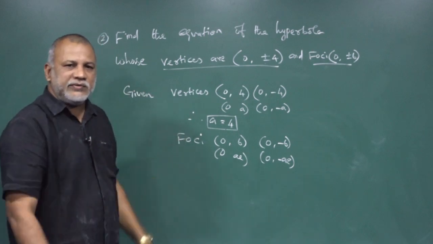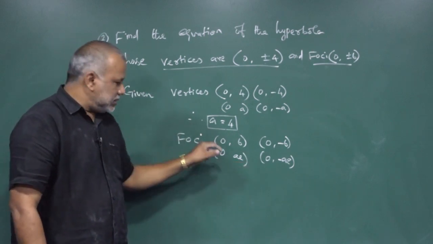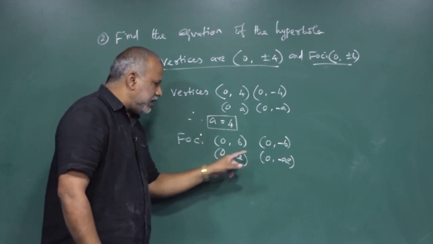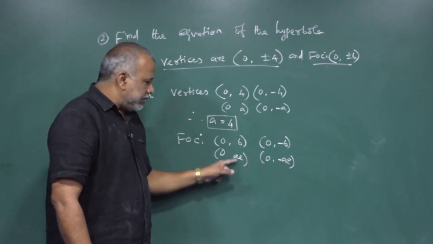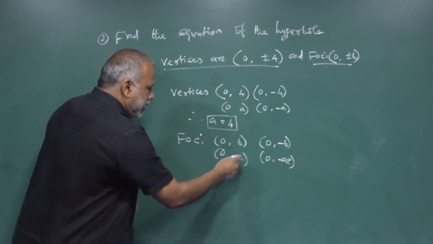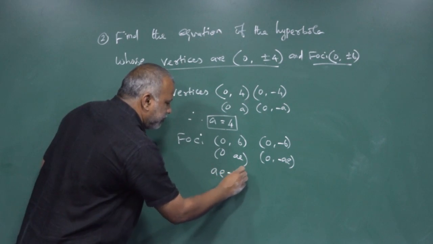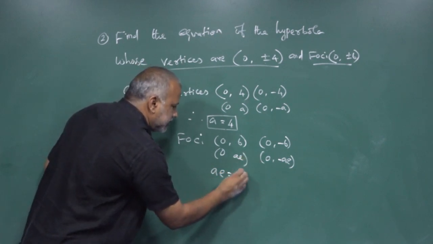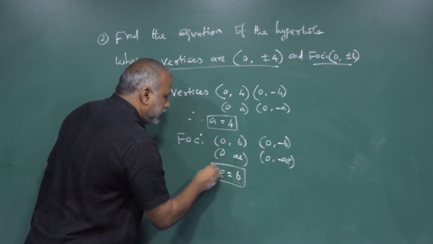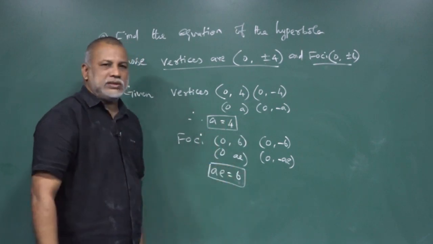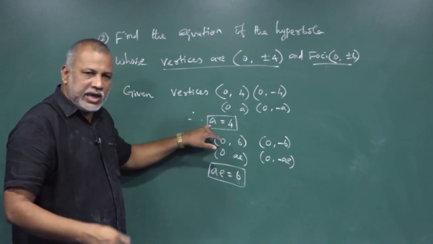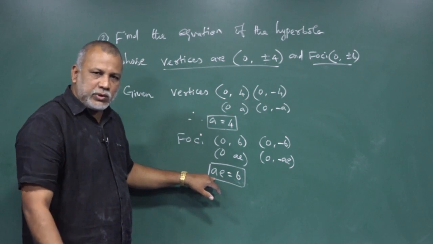With the basic definition, we have all the results. Just a comparison, taking the positive one: ae equal to 6. Compare with this one: a is 4, ae equal to 6. So here, a we have worked out, and ae we have worked out.